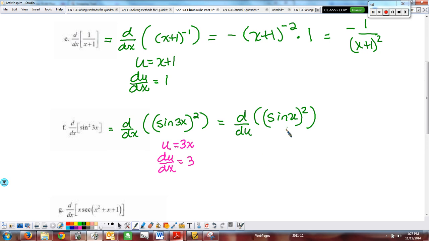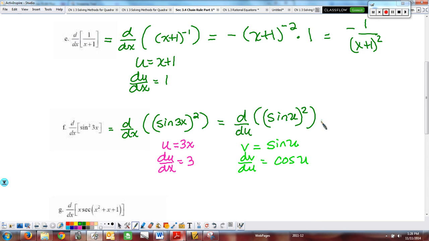Okay, but now I'm like, wait a minute, that's still a composition. So now I do it again, except this time I'm going to pick, say, v. V, my inside function, is sine of u. dv du is going to be the derivative of sine, which is cosine.